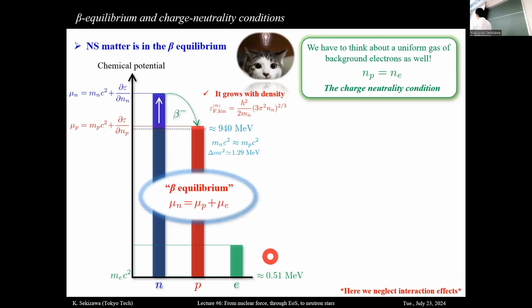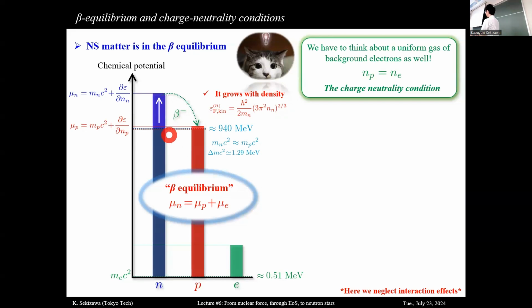And we require the so-called beta equilibrium condition. It means that the chemical potential of neutrons must be equal to the sum of the protons' and electrons' chemical potentials. It means that we have an equilibrium of beta decay, so the system cannot gain energy through beta plus or minus decay.